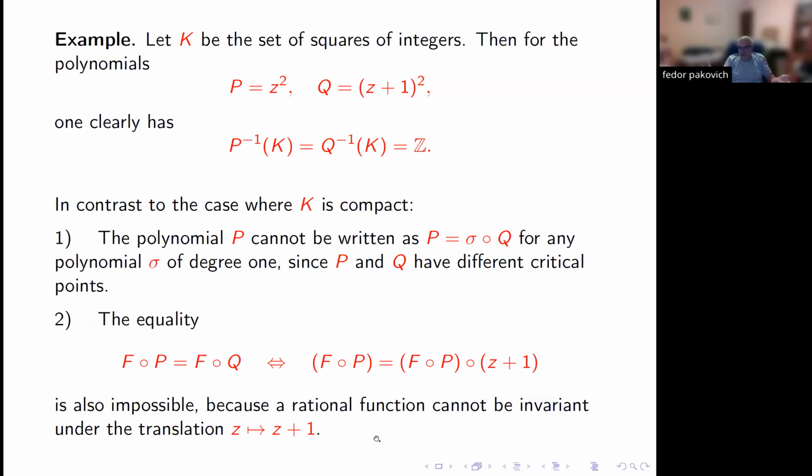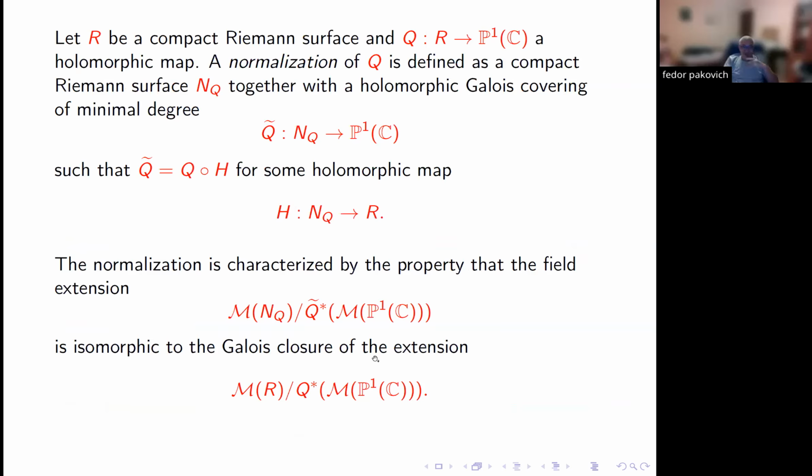Of course, it is not possible because we don't have infinitely many zeros, for example. So you can see that solutions exist and they are completely different from the solutions we obtain assuming that our set is compact.